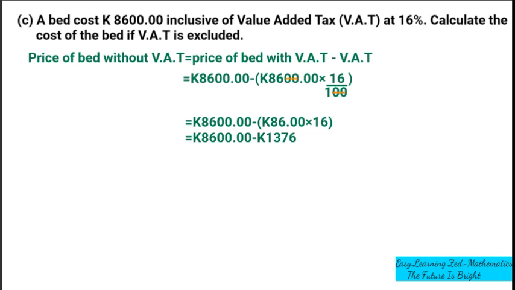Now I'm going to subtract that from 8,600 kwacha. The difference between 8,600 kwacha and 1,376 kwacha will be 7,224 kwacha. So this is the actual price of the bed without VAT. Now we can go to the next question.